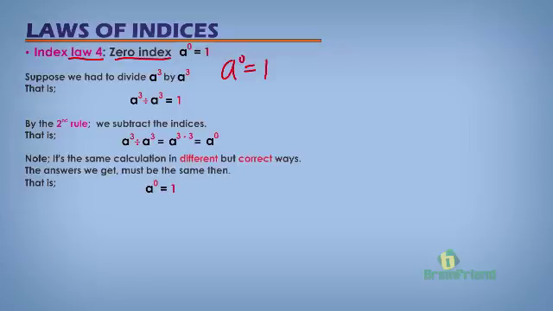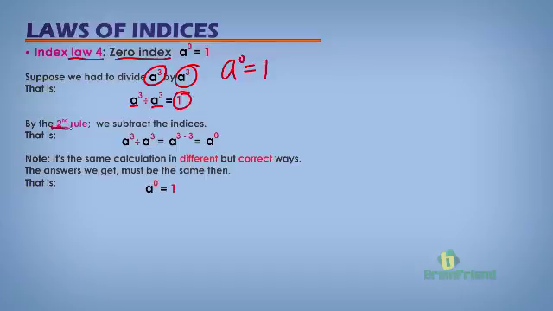Assume you were given A raised to power 3 and you were asked to divide it by itself, A raised to power 3 again. So we'll simply say A raised to power 3 divided by A raised to power 3. Of course, we know that to be 1. Anything divided by itself is 1.